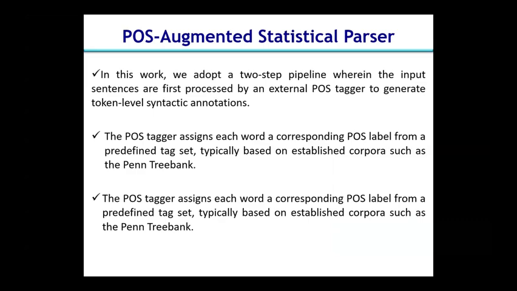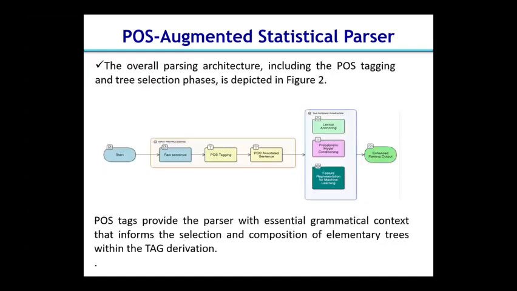In this work, we adopt a two-step pipeline where the input sentences are processed through an external POS tagger, which generates token-level syntactic annotation. We assign the POS tag to every word, and also assign a probability to each lexical item.